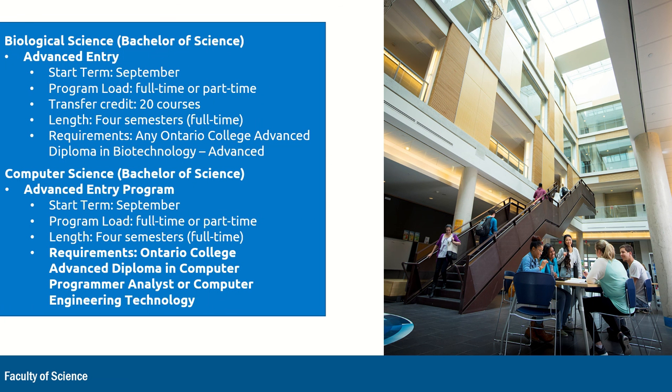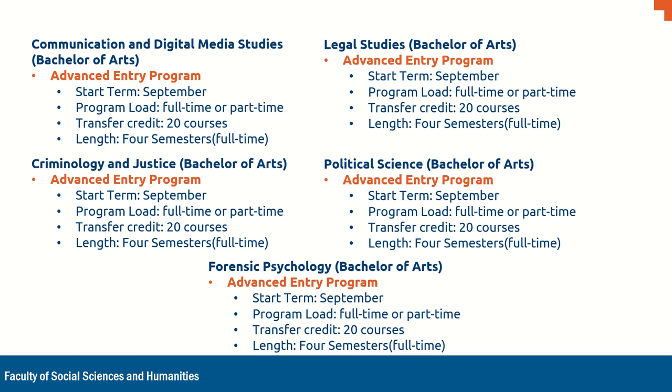Our Faculty of Science has our Biological Science Advanced Entry program or our Computer Science Advanced Entry program. In our Faculty of Social Science and Humanities, every program has a pathway program, as you can see here.